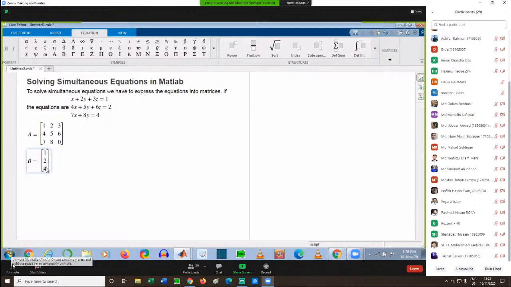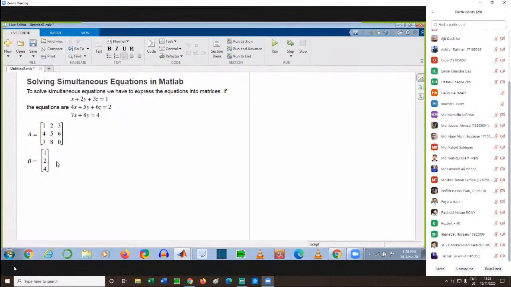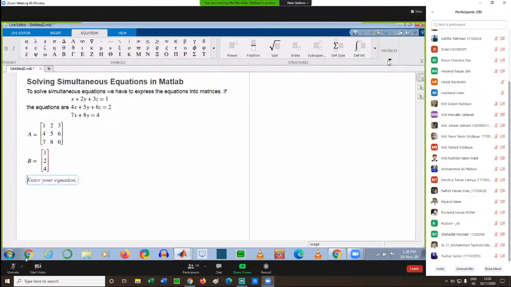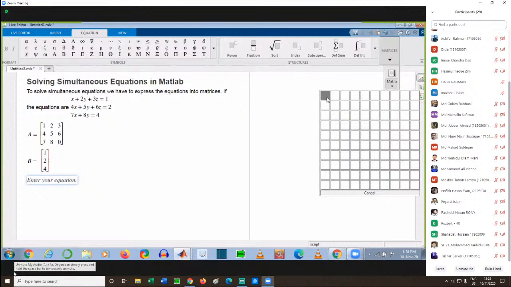And what do we want to find here? What do you think? The value of x, y, z, sir. Okay, then you have to take another matrix to solve this. That matrix is the C matrix, and the C matrix is x, y, z.